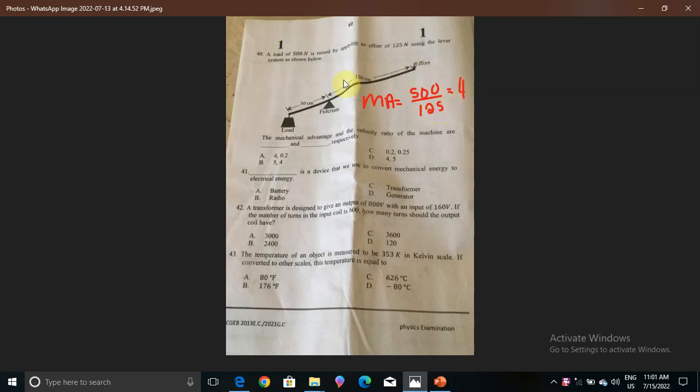Okay, and for velocity ratio, it will be the distance of effort over the distance of load. So that means 150 over 30.